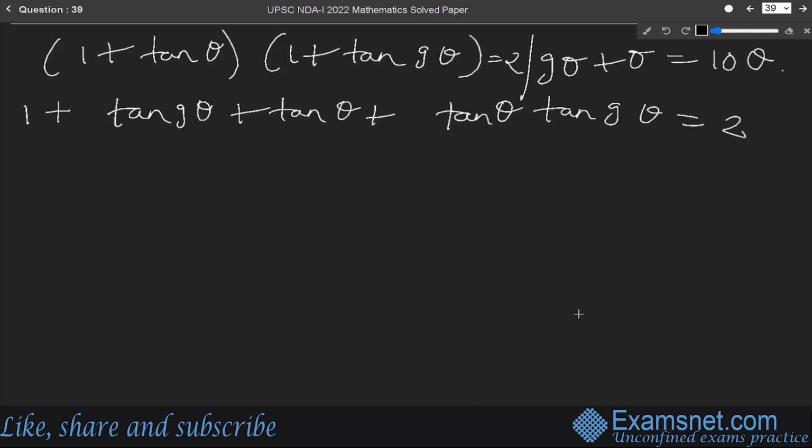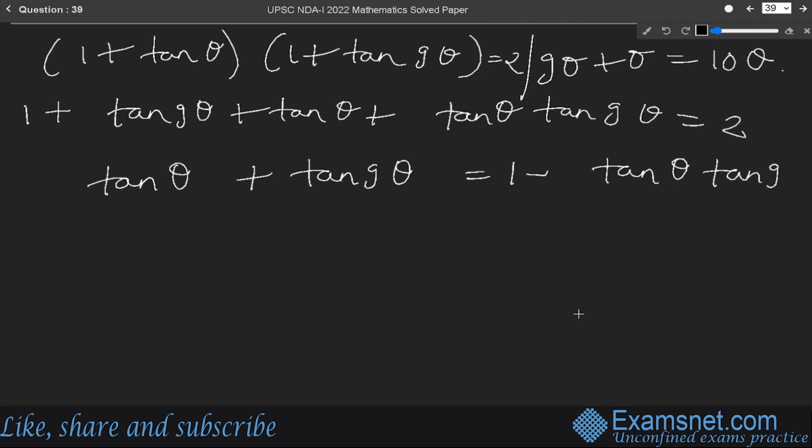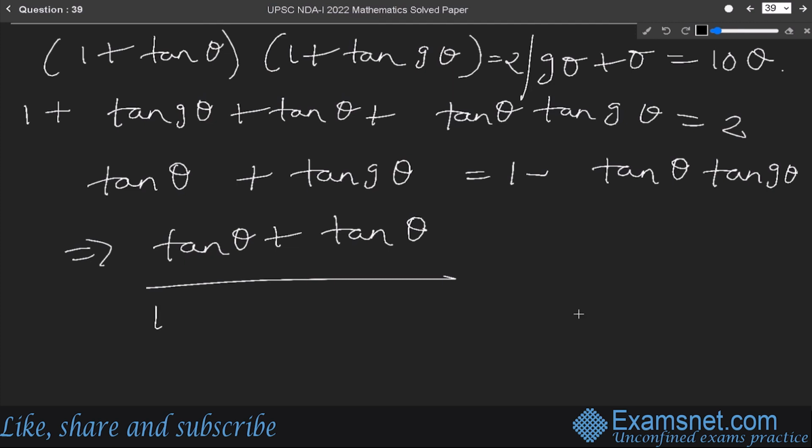Now further solving it, we get tan θ + tan 9θ = 1 - tan θ tan 9θ. Again, (tan θ + tan 9θ)/(1 - tan θ tan 9θ) = 1. It is the same step that we have done in the previous question.